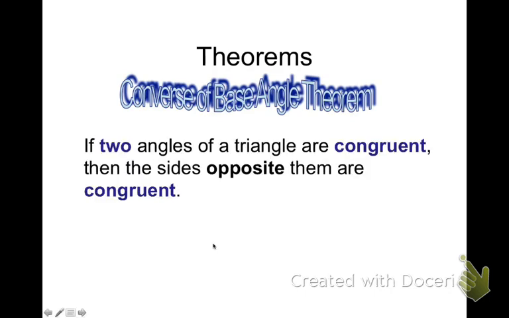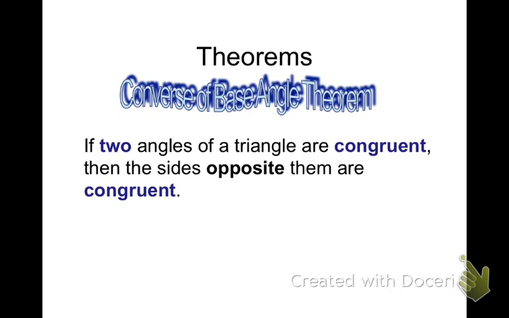So the converse states if 2 angles of a triangle are congruent, then the sides opposite, what's opposite? I don't know, apparently I didn't hit the font color when I made it.